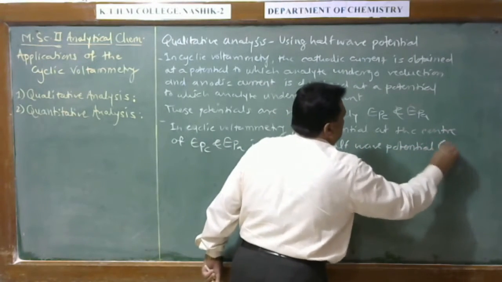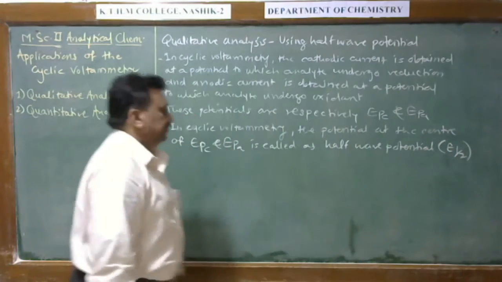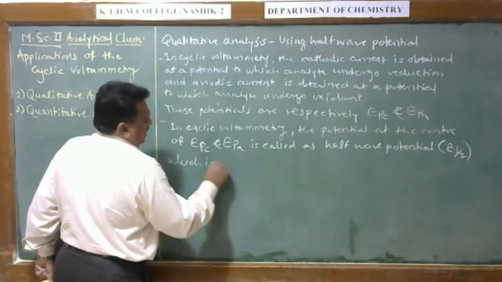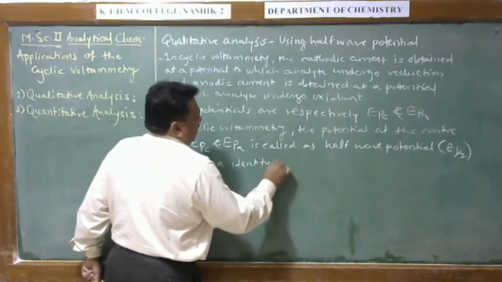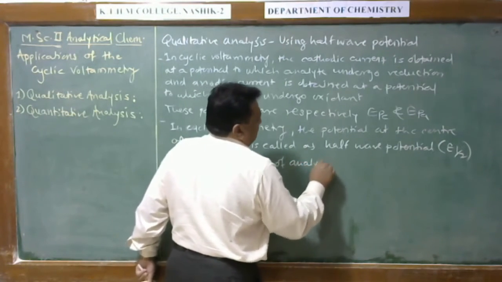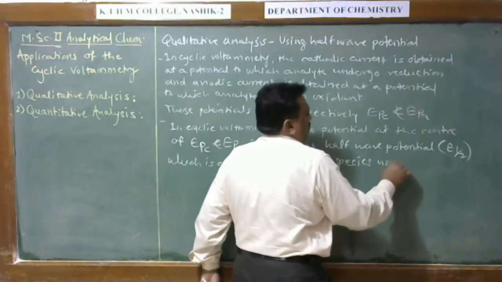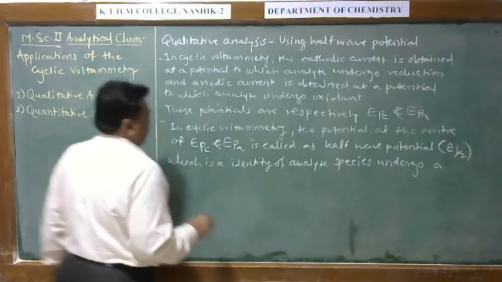Similar to polarography, it is represented as E half, which is an identity of the analyte species undergoing a redox reaction.